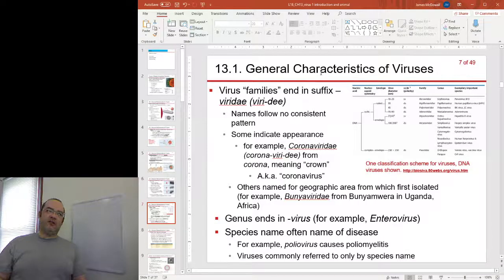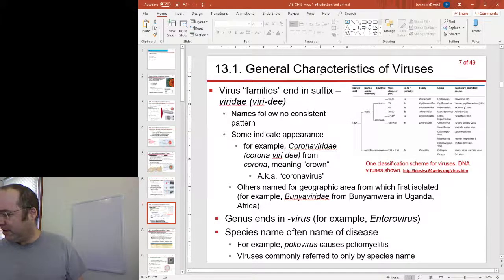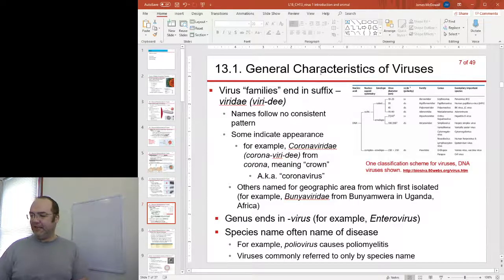Again, characteristics of viruses in the book on page 336 and over to 337. There's those tables containing many different kinds of viruses. Viruses being generally considered as not living things.